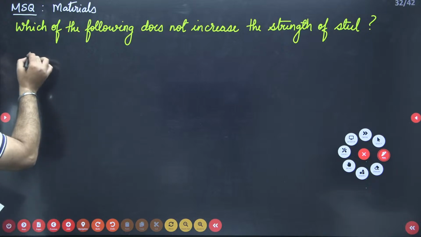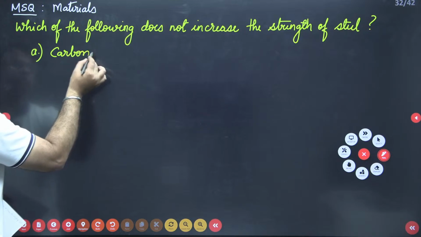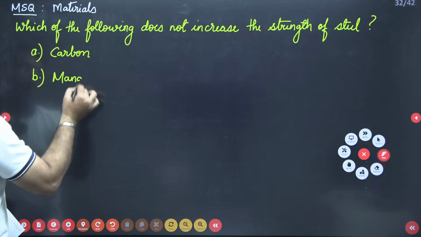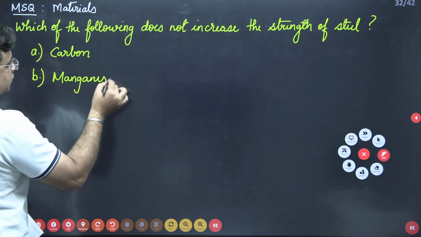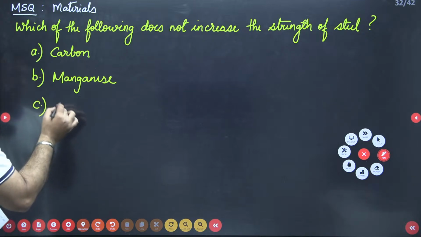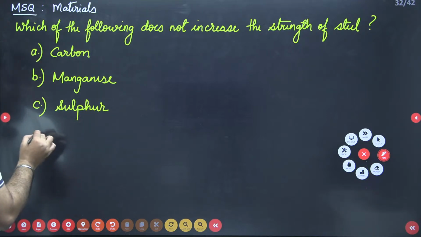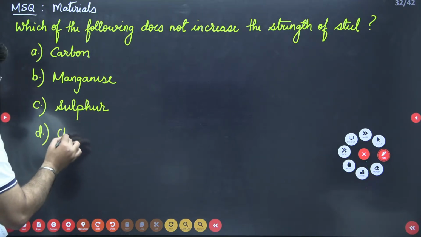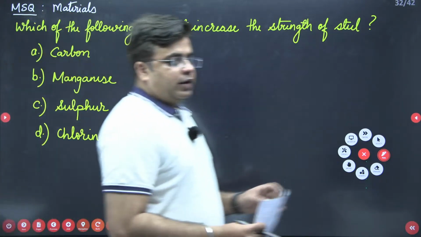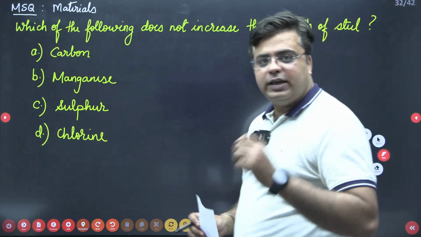First is carbon. Second is manganese. Then you have sulfur and chlorine. So my dear, as we increase the carbon content, the brittleness of steel increases.